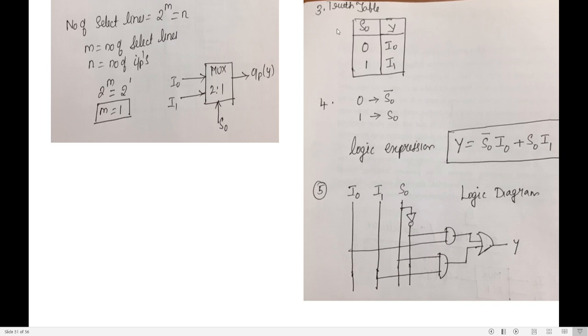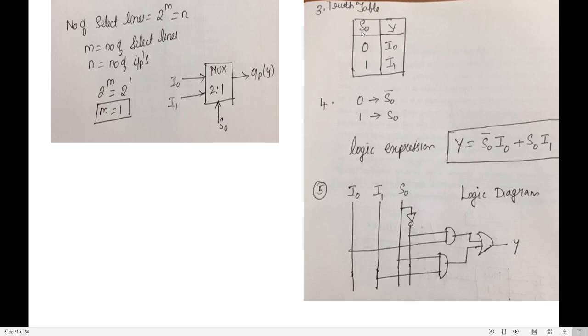Now the next step is to draw the truth table. Since I have one select line S0, that select line can be either 0 or 1. If the select line is 0, select I0 and forward it to the output. If the select line is 1, select I1 and forward it to the output.